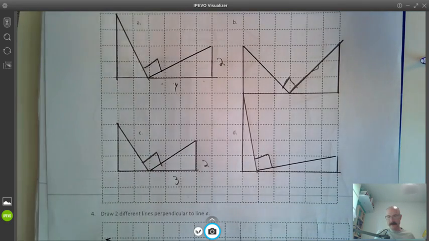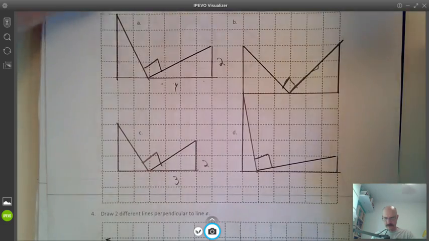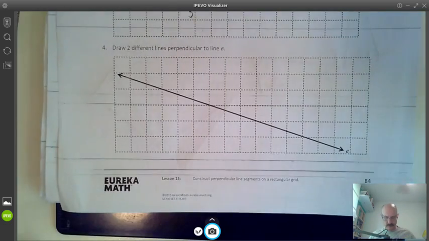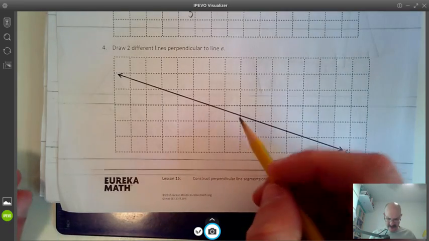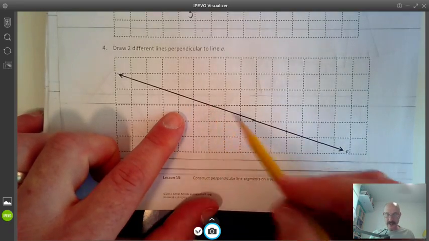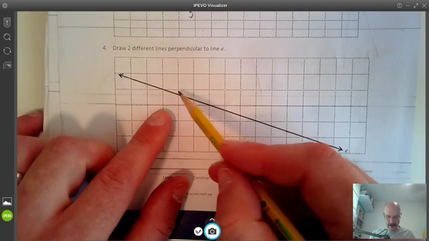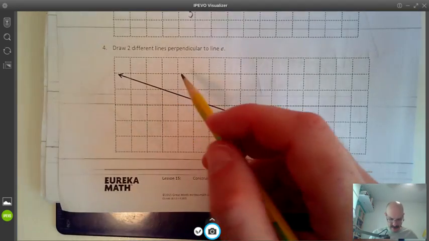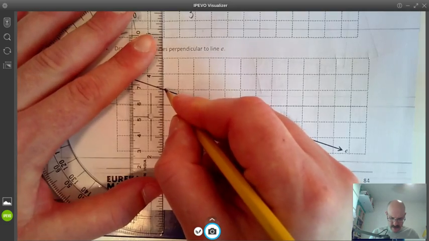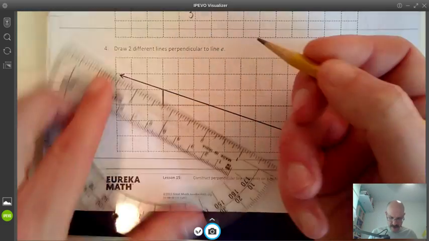For number 4. I'm looking for where line E intersects these grid boxes so that I can see really well the triangle. So how about here and here?